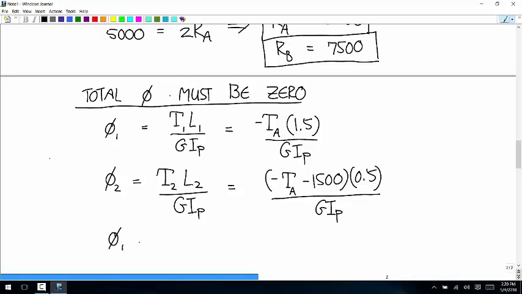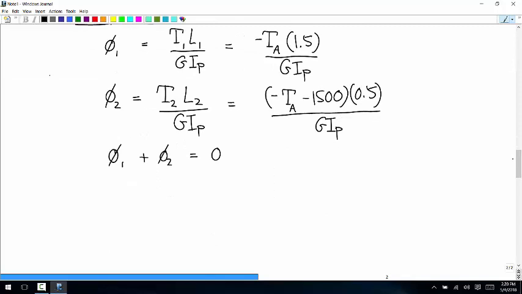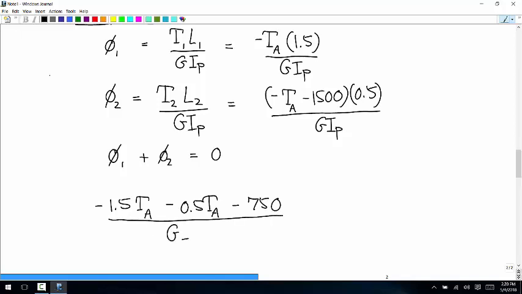And now we say that phi1 plus phi2 have to be equal to 0 because the two endpoints can't turn because of the fixed joints. So we have negative 1.5 torque A minus 0.5 torque A minus 750 divided by G I sub P is equal to 0.